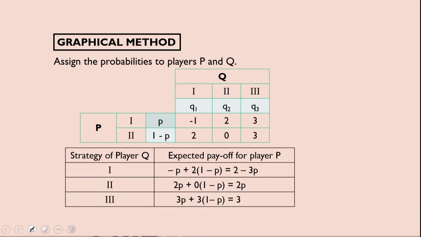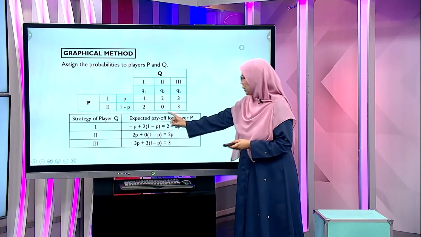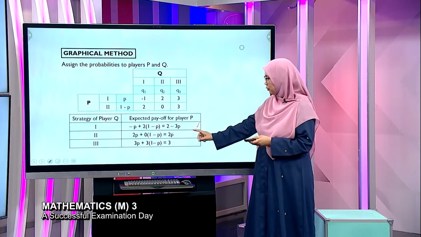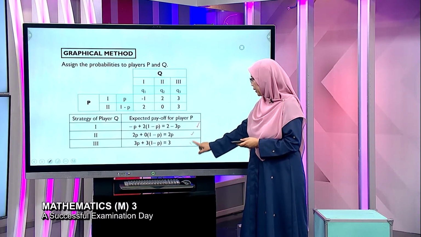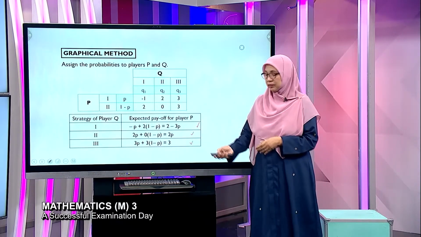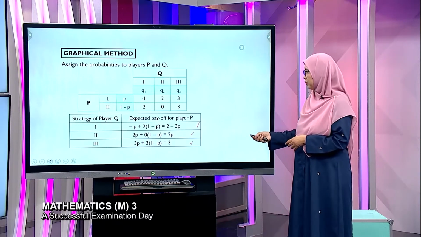You add up, then you write in simple form. And then for strategy 2, the expected payoff when Q plays strategy 2, and when Q plays strategy 3, this is the expected payoff for player P. What do we do next after finding the expected payoff?